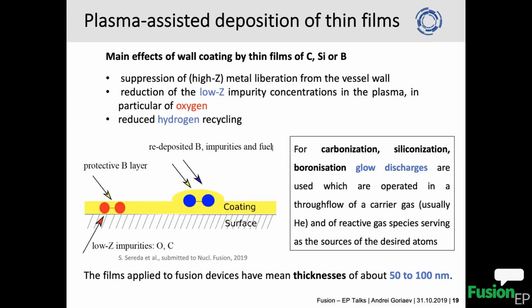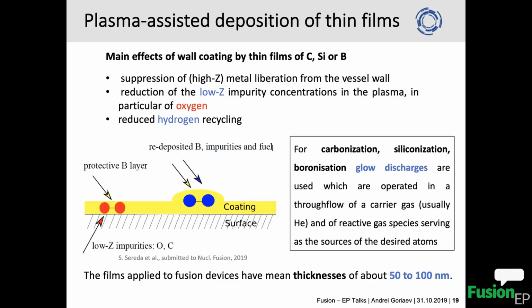we also can deposit a thin film of carbon, silicon, boron, or some other material on your wall. First, it can suppress the sputtering and erosion of your plasma facing component in case you have a high Z metal such as tungsten.